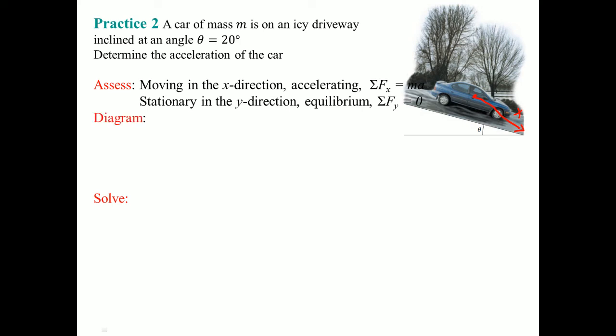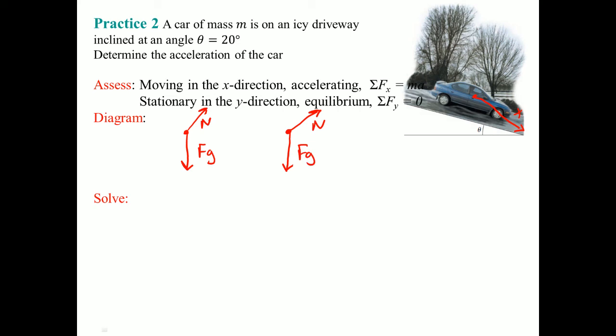My diagram should look something like this. My free body diagram. Here's the object. Normal force looks like this, and force of gravity looks like this. If I break this down into its vector components, normal force here, force of gravity down here.